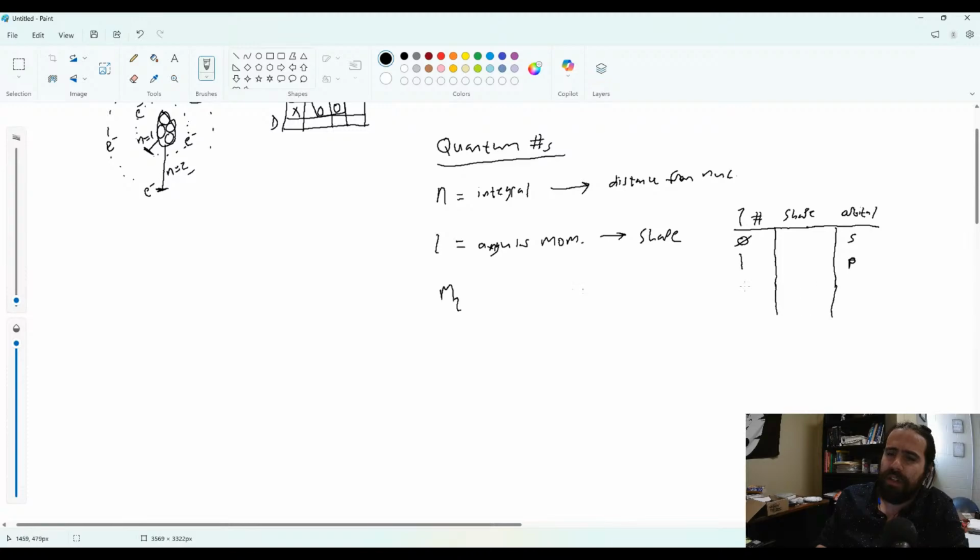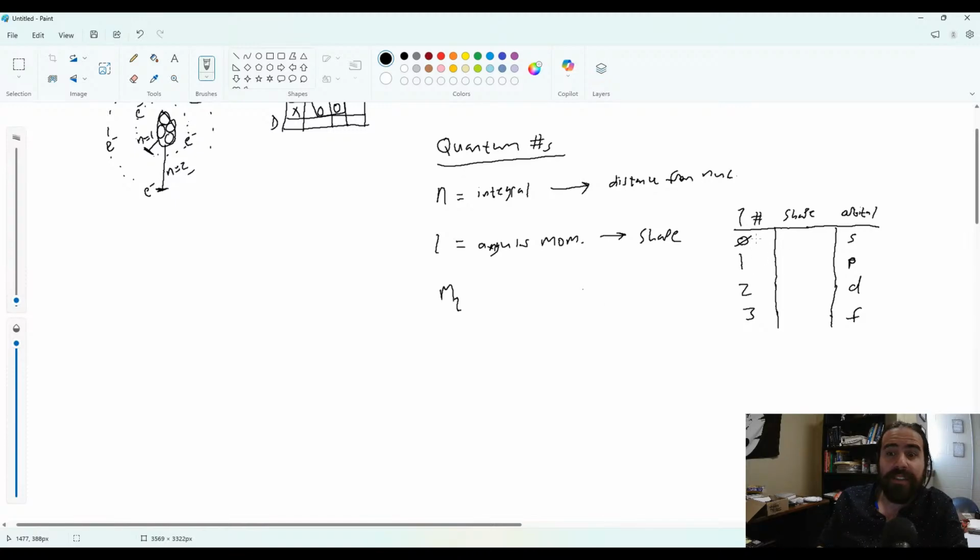If I have an L value of 2, then that's a d orbital. And an L value of 3, that's what's known as an f orbital. These are the 4 different shapes or categories of orbitals that we're going to be covering. There are, to my understanding, 3 additional shaped orbitals, g, h, and i, but that is not what we're going to be talking about in Gen Chem.